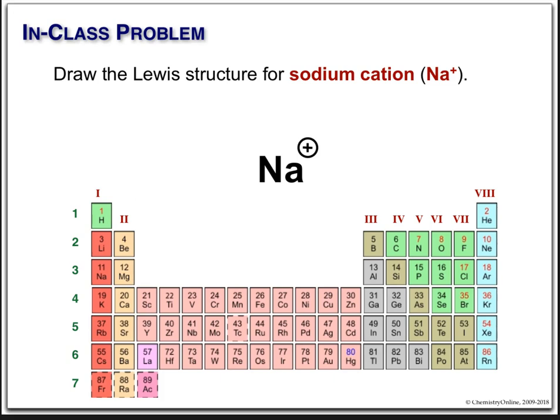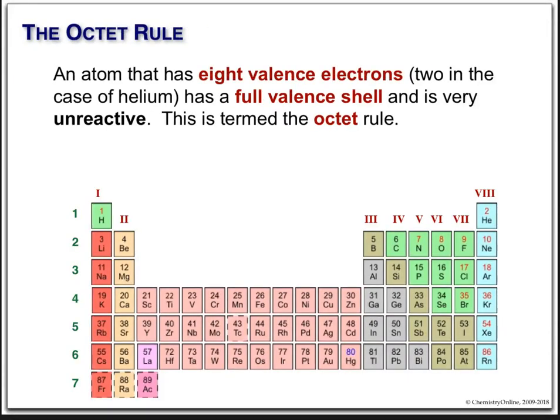All right, there's been a trend here. I kind of let on a little bit earlier, but let's go back and think about it. What we're trying to do here, as we made these ions, was we filled up the valence shell.